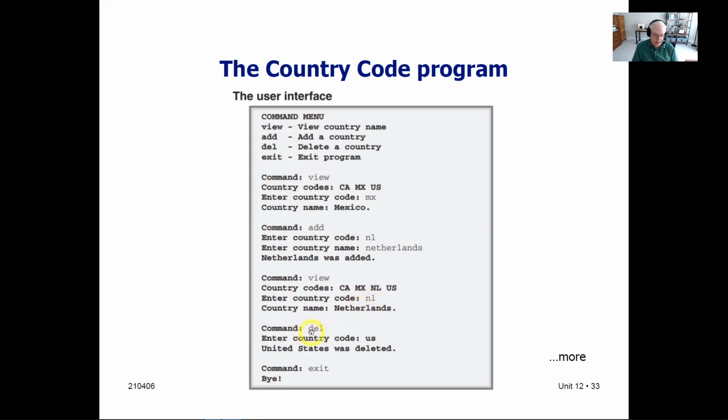We can delete with del, which is a different function. We just need to know the country code. And it's interesting, we don't get a list of country codes there. It'd be kind of interesting to do that. But we enter the country code that we want to delete, and it was deleted. Notice we are dealing with case here too. We have a bunch of lowercase entries, and we've got to change them to uppercase to get this to work.